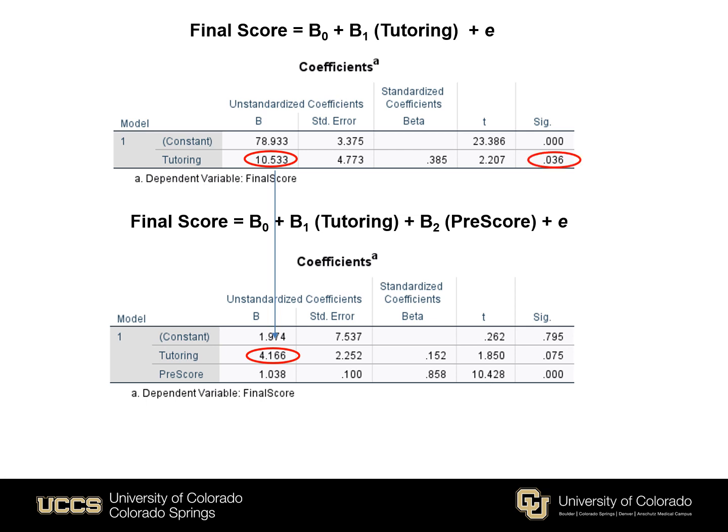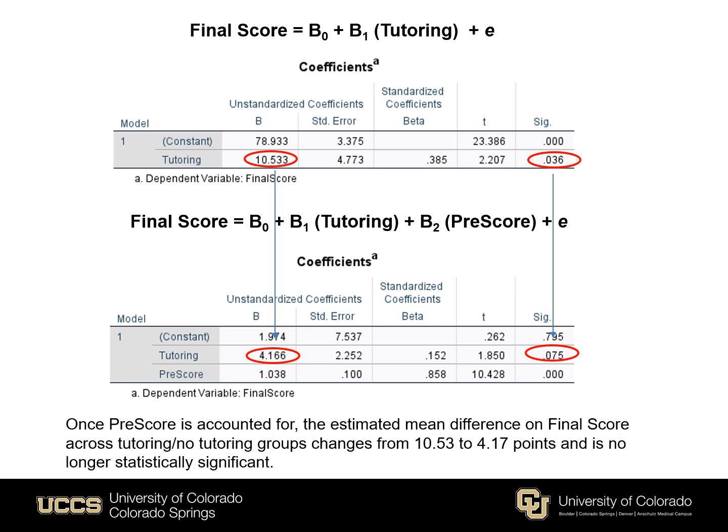But we can also see that while the tutoring effect in the simple model was statistically significant at the 5% significance level, once it had been controlled for pre-score in the second model, now the tutoring effect is non-significant at the 5% level. So the addition of covariates can make pretty significant differences in the interpretation of the importance of different effects.